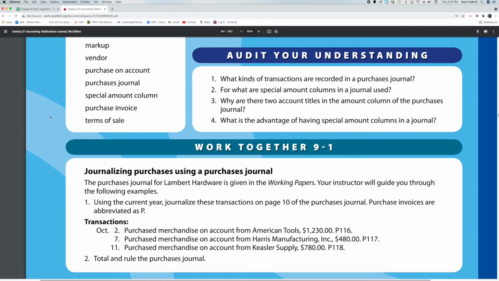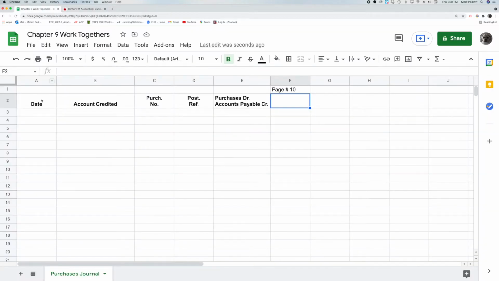$1,230, purchase invoice number 116. Okay, so for this transaction, the first thing that we're going to do is put in the date, which is October 2nd of the current year, which is 2021.